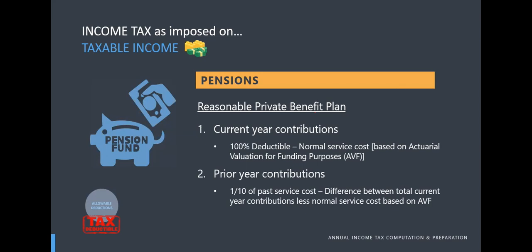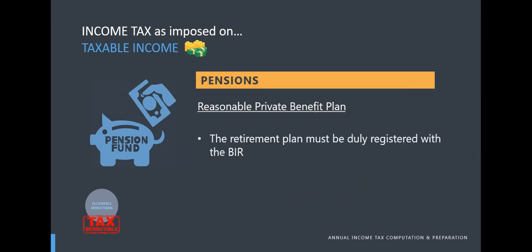Current year contributions are the normal service cost based on the actuarial valuation for funding purposes and are 100% deductible, while prior year contributions or past service costs, which is the difference between the total current year contributions less normal service costs, is amortized over a period of 10 years. The reasonable private benefit plan must be duly registered with the BIR.